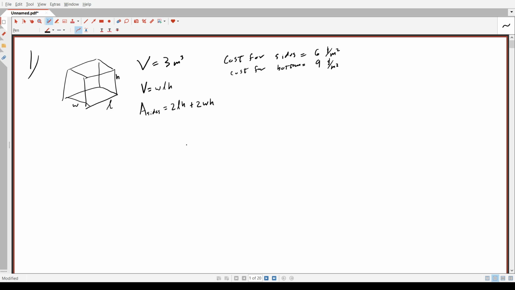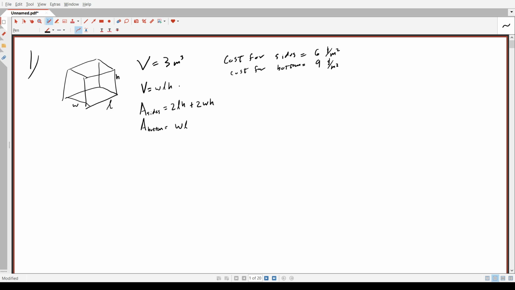Okay, and then the area of the bottom is just going to be width times length. And it says an open box, so that means there's no top.